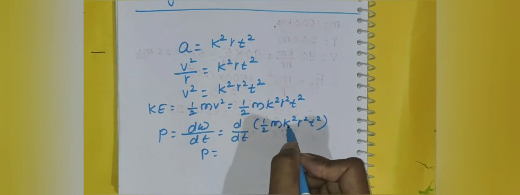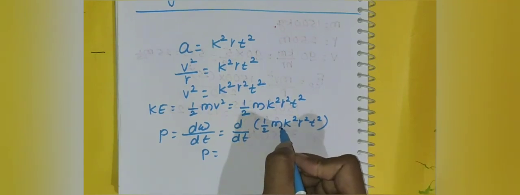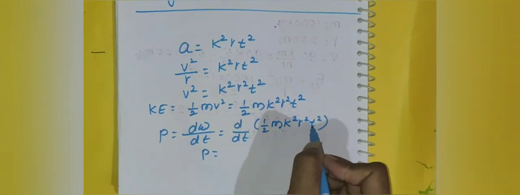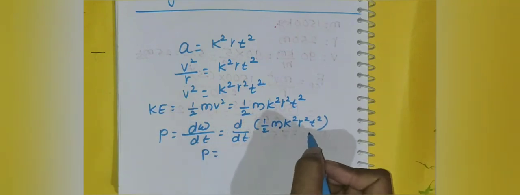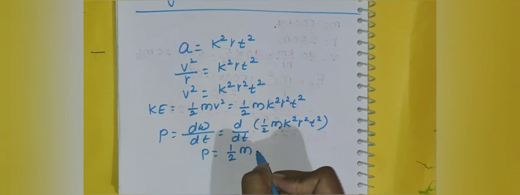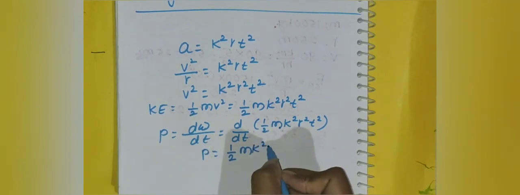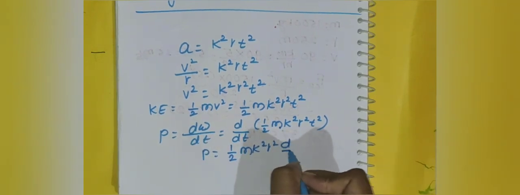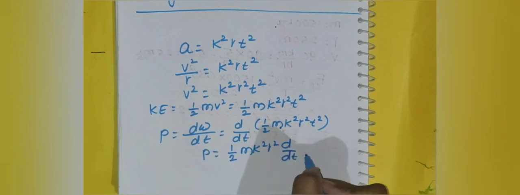So m is constant, k is constant, and r is constant. So we are taking the constants first, that is half m k square r square. Now we have d by dt of t square.